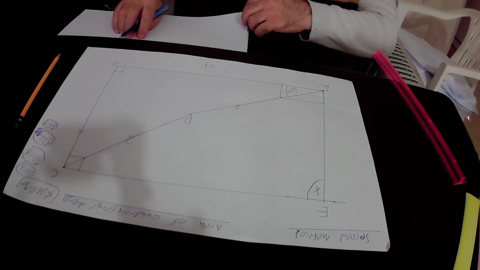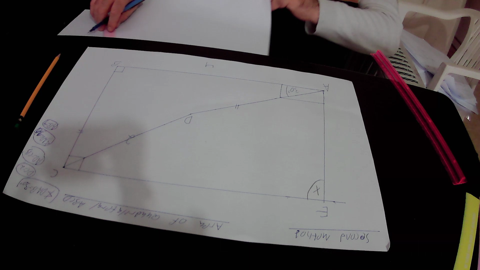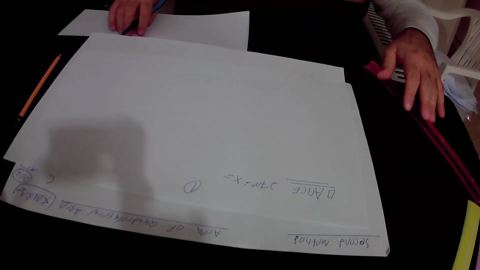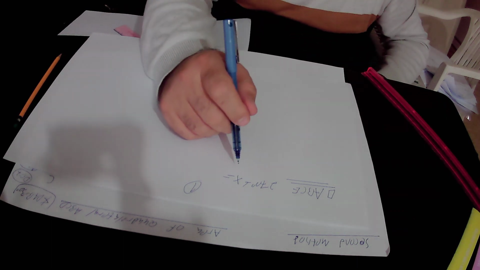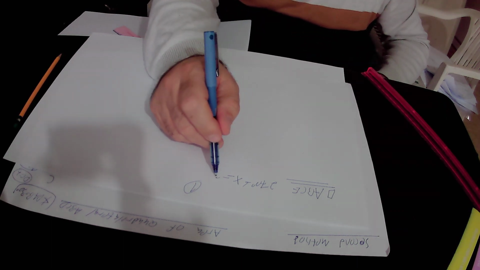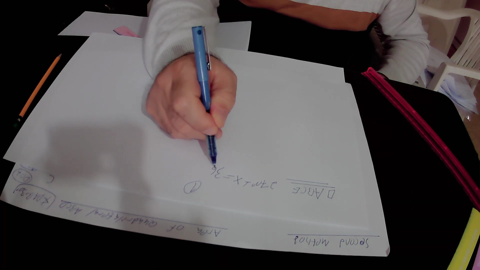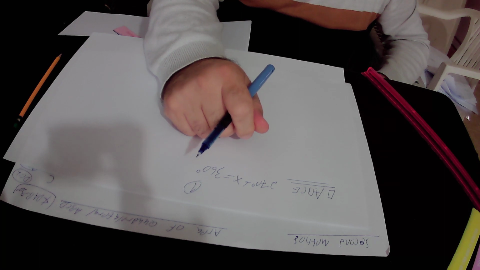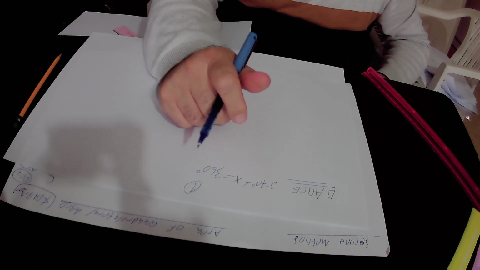So actually the sum of the 4 angles, that is 270 degrees plus X, must be equal to 360 degrees, according to rule number 1, that the sum of the angles in any quadrilateral is equal to 360 degrees.